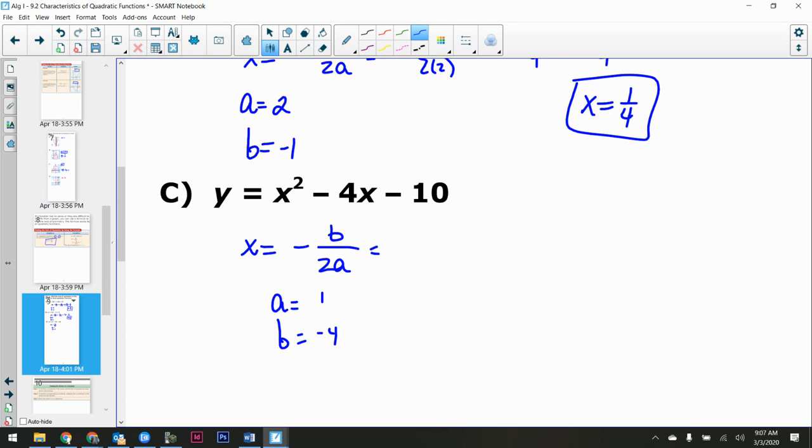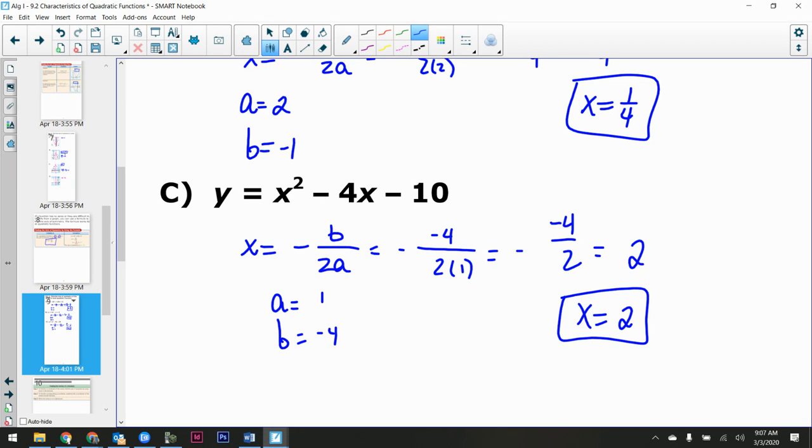Okay, so this means we've got negative 4 divided by 2 times 1. Okay, I've got negative 4 over 2. What is negative 4 over 2? Negative 2. What's going to happen with our two negatives? They're going to cancel, leaving us with a positive 2. X equals positive 2.